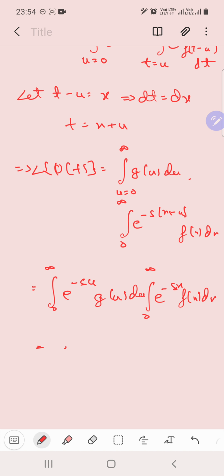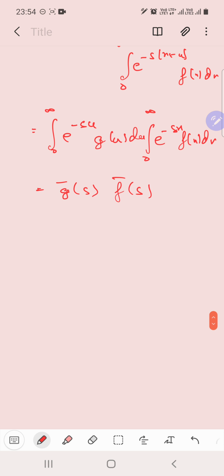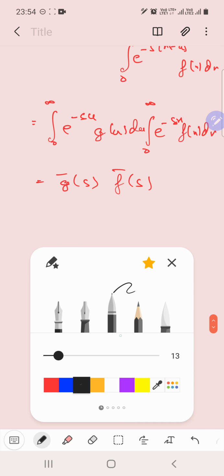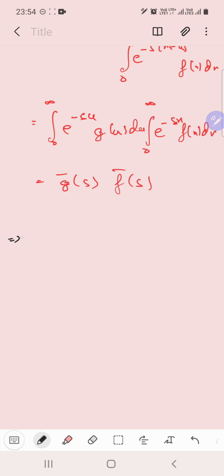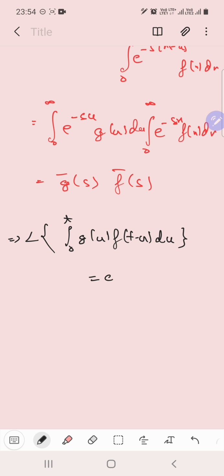This is equal to g bar s times f bar s. So finally, the Laplace of integration 0 to t g(u) f(t minus u) du is basically equal to g bar s and f bar s.